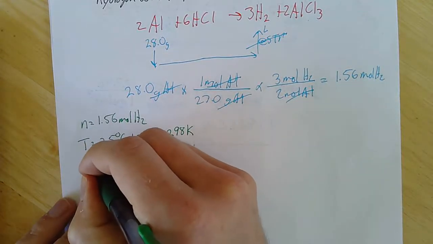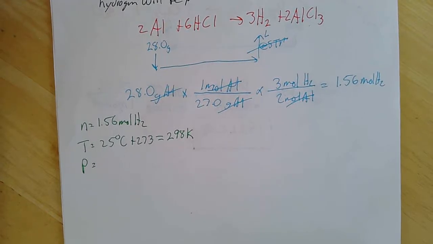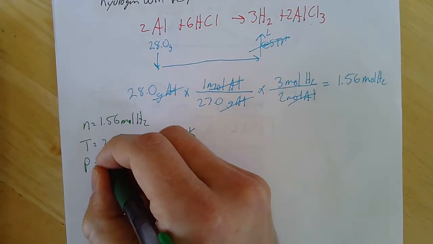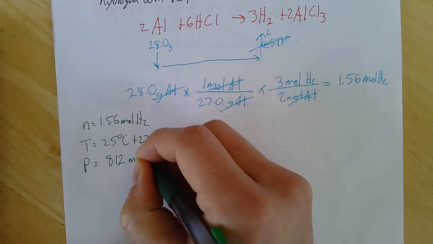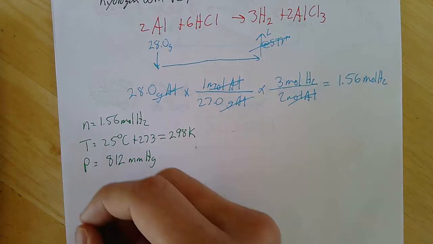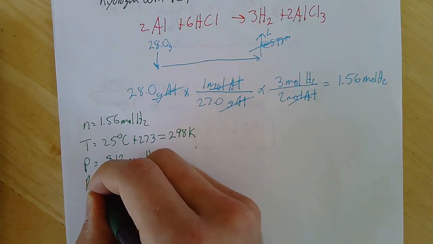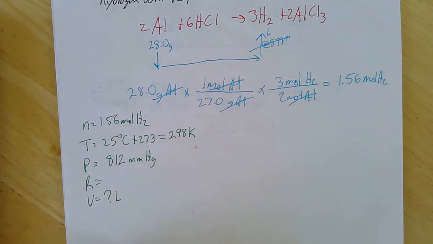I have a pressure, which you can't see right now, but if we scroll back up we can. It is 812 millimeters mercury. And then if we want to find V, our unknown, we need our R, a certain number of liters.